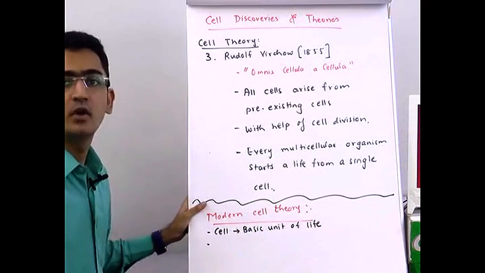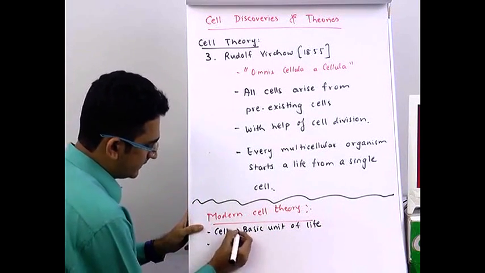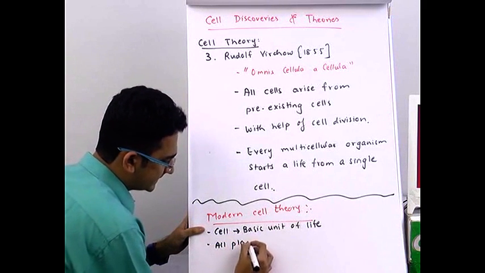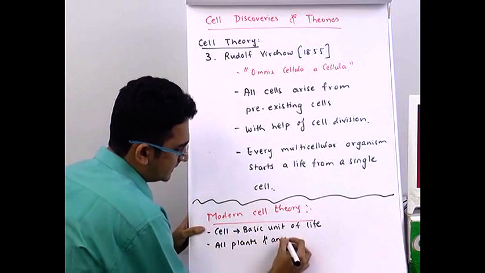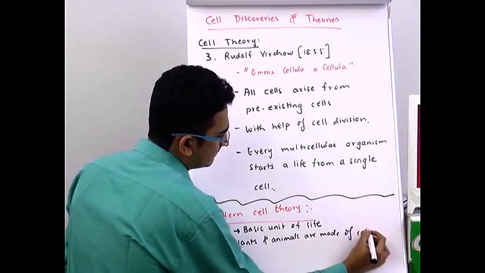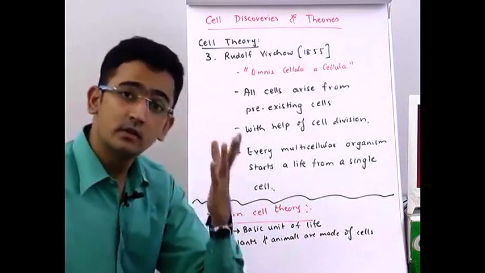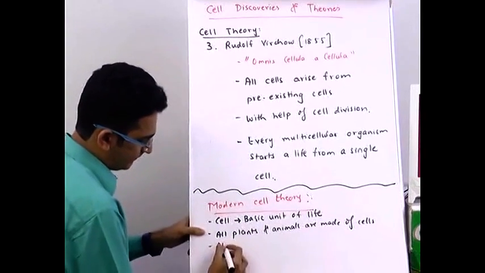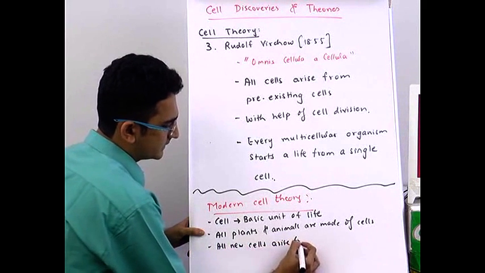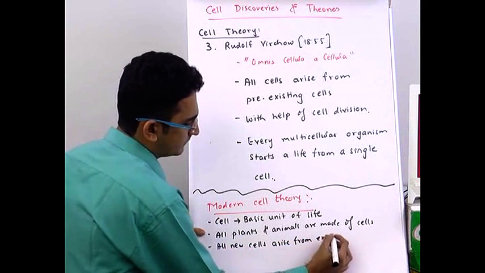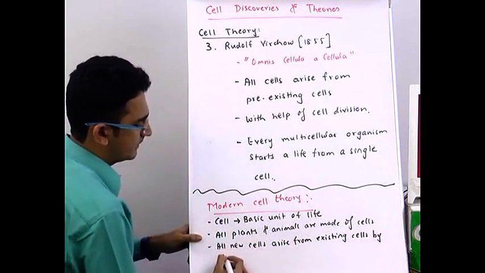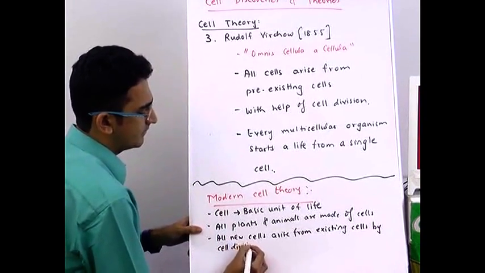The second thing that modern cell theory did is that it said all plants and animals are made of cells. Third thing, it said all new cells arise from existing cells by cell division.